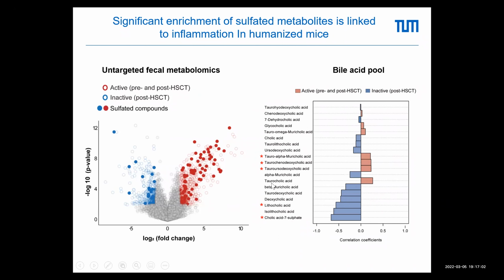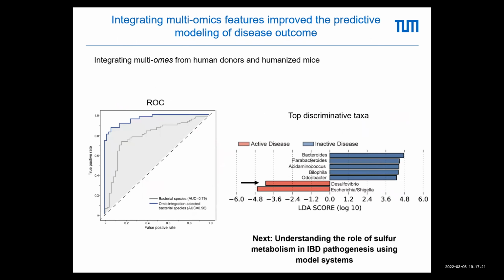And then we confirmed these findings using targeted metabolomics, looking at certain sulfated bile acids, and we identified some of these bile acids, which would again classify the mice into inflamed or non-inflamed.